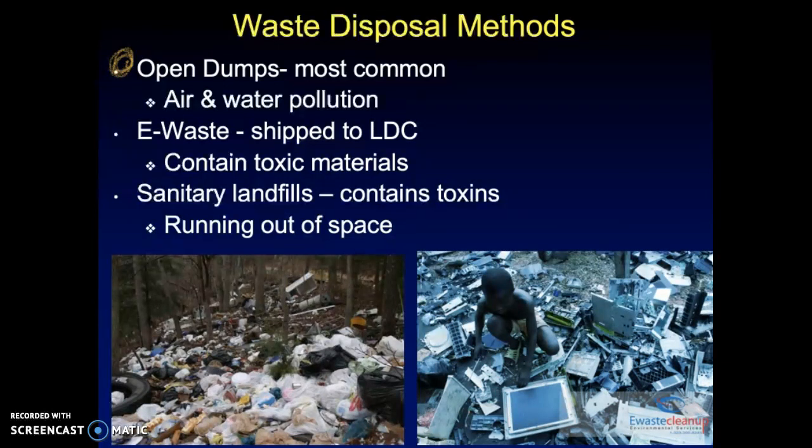I'll just throw mine on the pile, and I'll throw mine on the pile, and they just keep piling it up. So the picture on the bottom left is in North Carolina. Locals just decided that's where they were going to start dumping their trash. There's a refrigerator there, a hot water heater, tires, all sorts of bags of stuff from the house that just gets dumped. So consider the environmental impact of that.